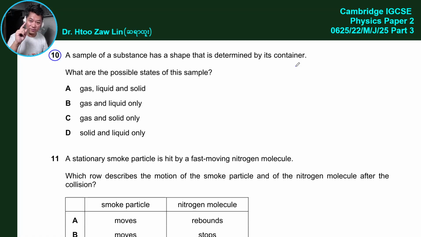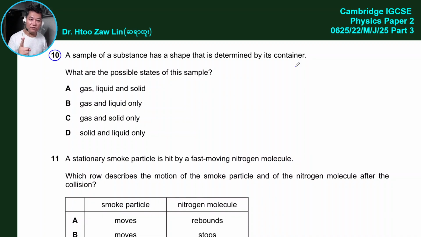So that sample is in liquid state or gaseous state. Because every liquid and every gas can take up the shape of its container.